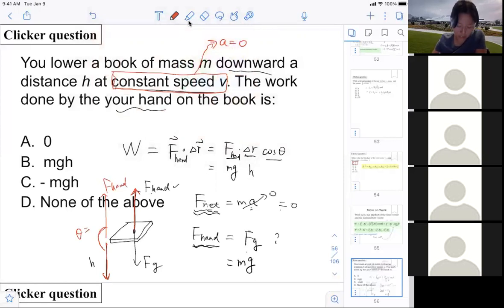Theta is equal to 180. Very good, Marcus. So it's cosine 180. Cosine of 180 is -1. So you get negative mgh. So indeed, we have done negative work here, right?